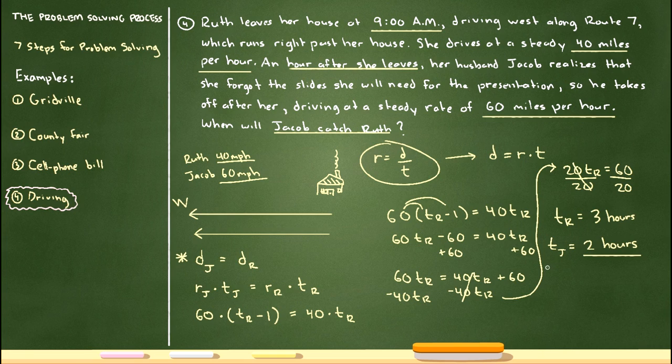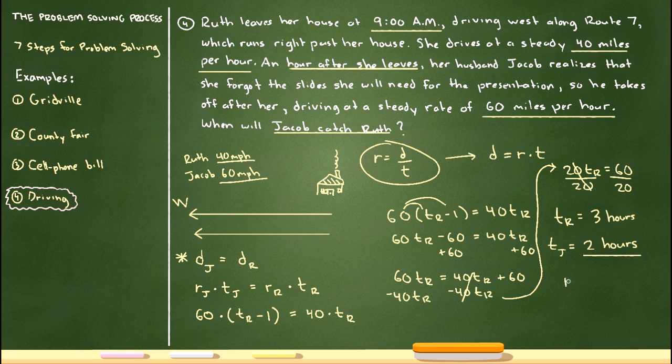Another possible answer is that, well, we know Ruth left at 9 a.m. She was traveling for 3 hours. And upon reaching that 3-hour point, the distances between these two people were the same. So we know they caught each other at that point. So what time was it? Well, 12 a.m., right?